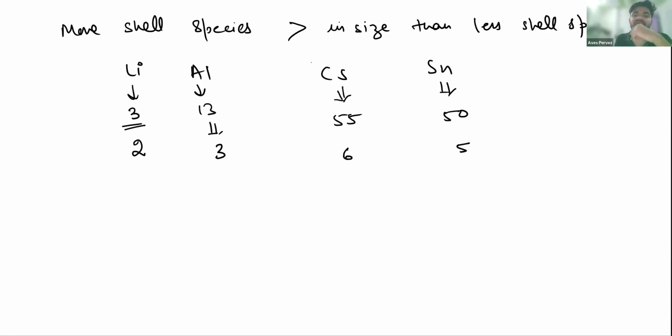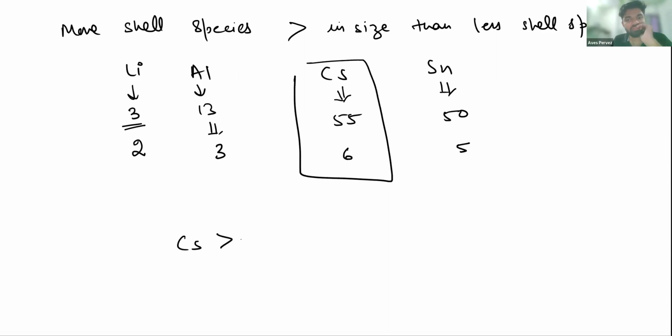So we'll say that cesium has the biggest size, then tin, then aluminium, then lithium. Got it? Understood this one? Yes, sir.